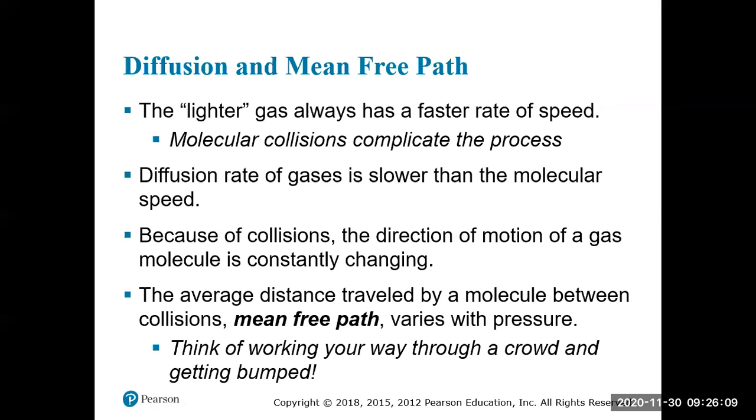The average distance traveled by a molecule between collisions is defined as the mean free path. So the gas molecule will move along for a certain amount of distance before it hits another molecule, and that distance is the mean free path.